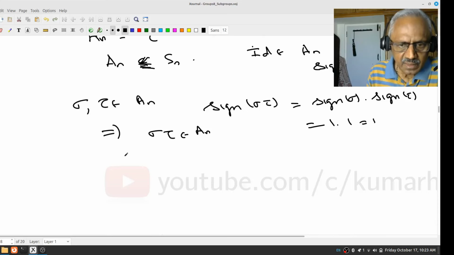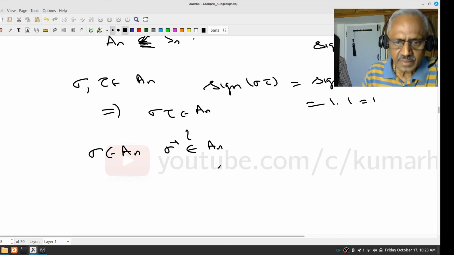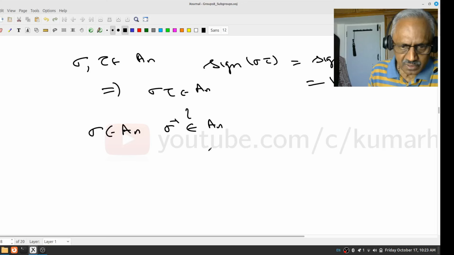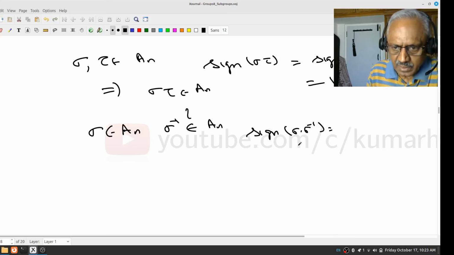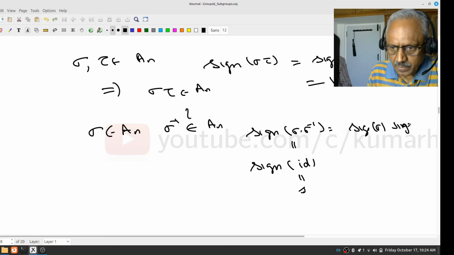The third thing, suppose sigma is in An, and I would look at whether sigma inverse is in An. But again, we can do this easy trick. Let us look at sign of sigma inverse. Sign of identity is equal to 1, and this is sign of sigma times sign of sigma inverse.